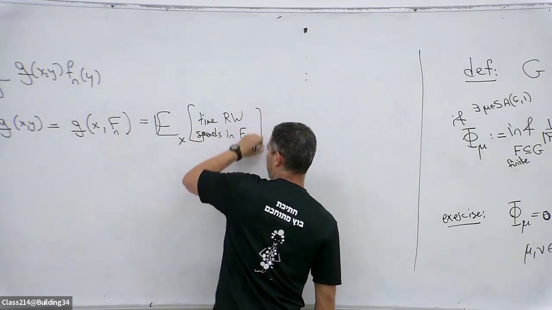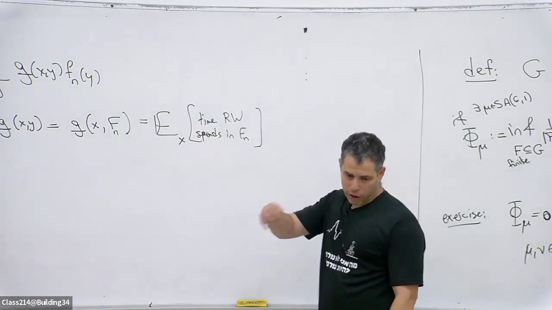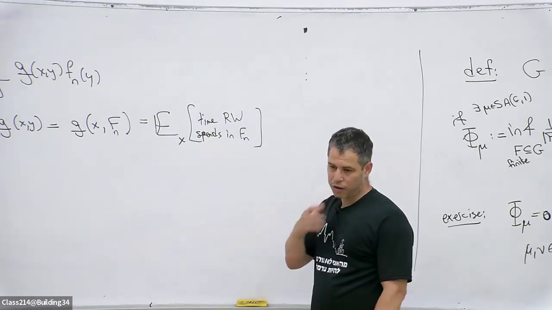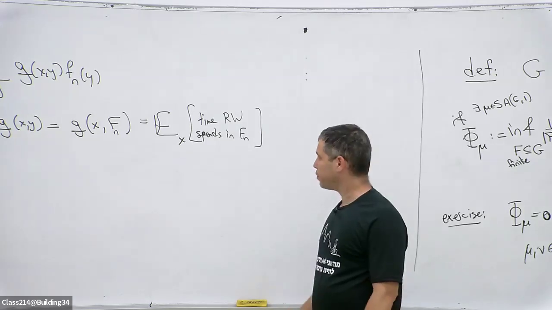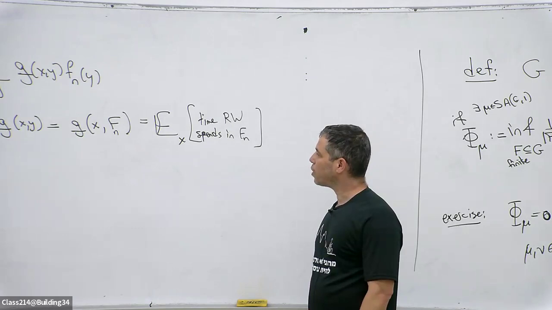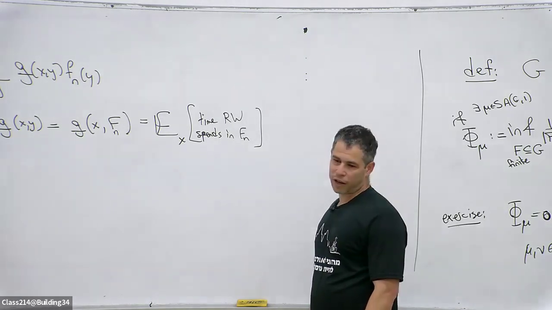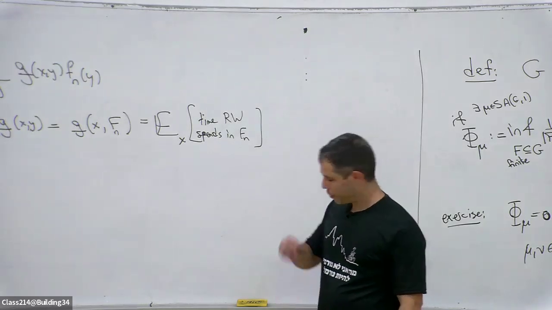Let's look at the infinite random walk, count how many times it was in Fn, and take the expected value of that. So this is what psi n of x is measuring.